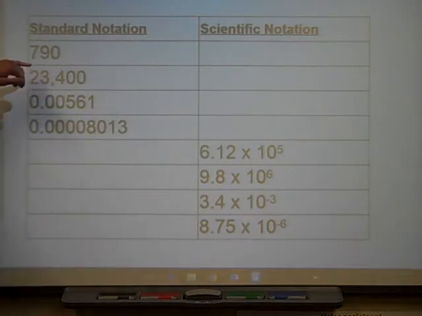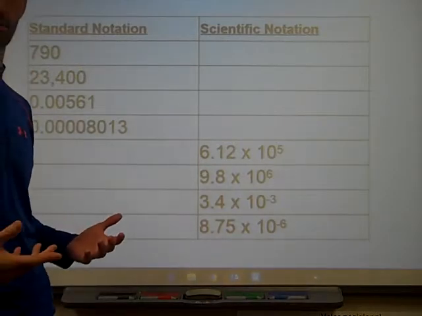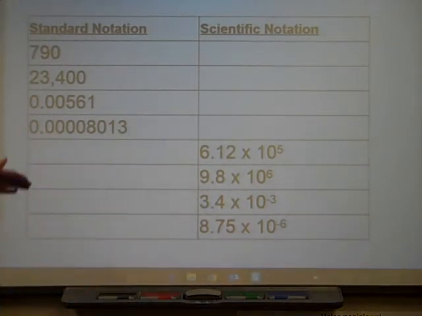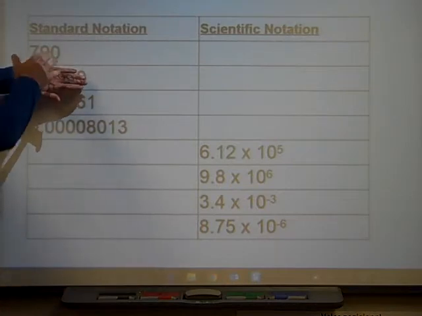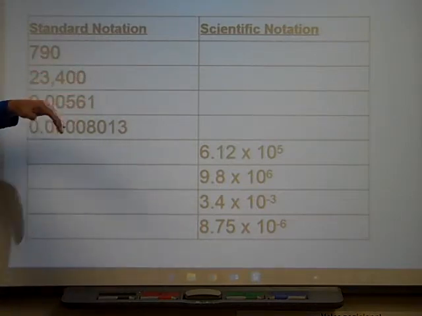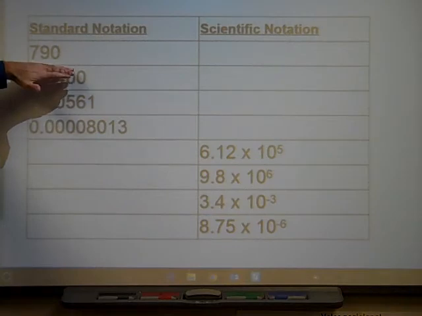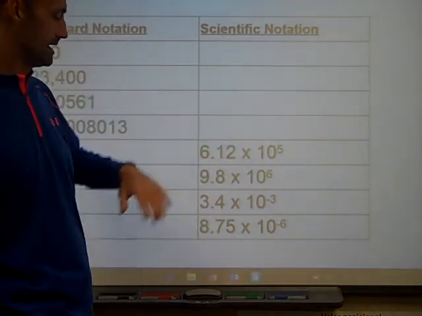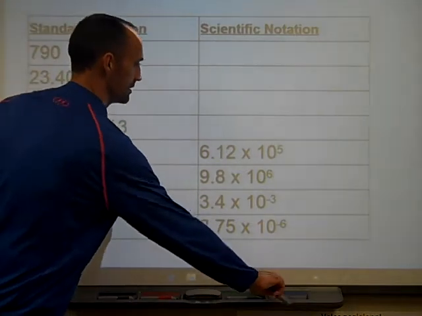All right, so top line, I give you the number 790. That's standard form. Standard notation means the regular way that we write numbers, the way that we've always written numbers, 790. So our job is to write that in scientific notation.